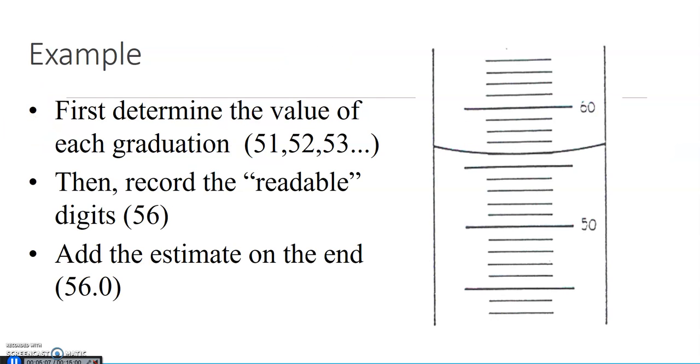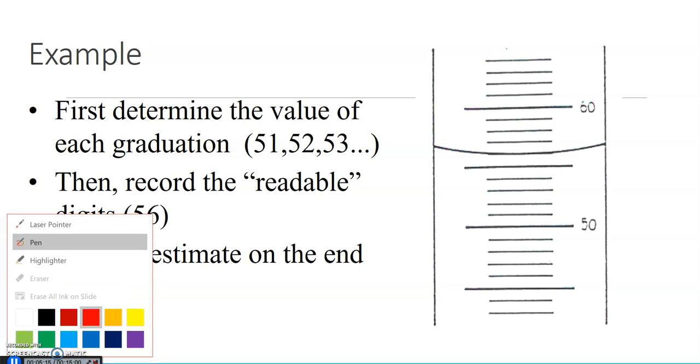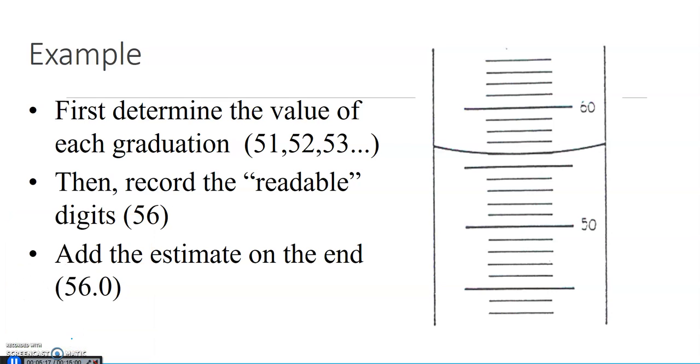An example of reading to one more digit with proper sig figs is this water in a graduated cylinder. Recall that when you bake or when you are in science class, when you measure the volume of a liquid, you read from the bottom of the meniscus. You want to be at eye level with the bottom of the meniscus, the bottom of that dip. First, we read to the marks on the measurement.